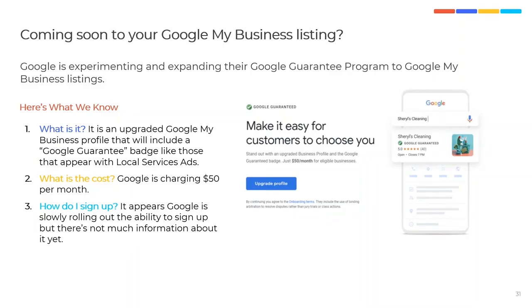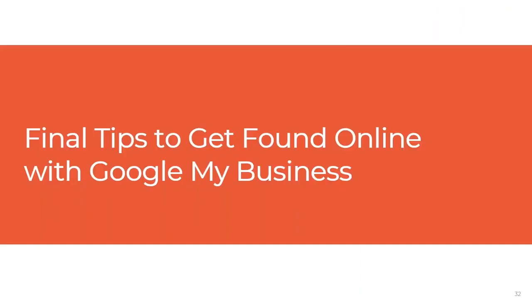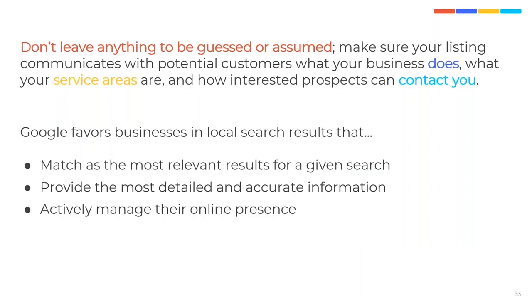All right, we are almost done. So what I've got for you here now is some tips and tricks. What we really want to see is that you are using plain language, not industry jargon, on your Google My Business profiles and your Q&As and the posts that you use.